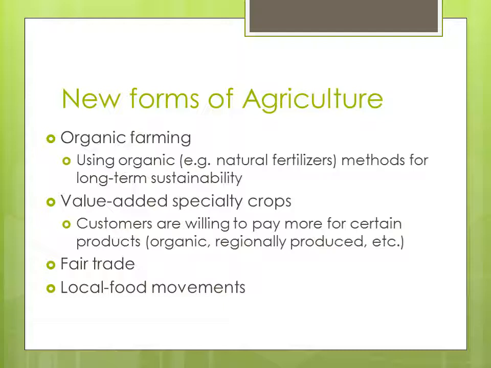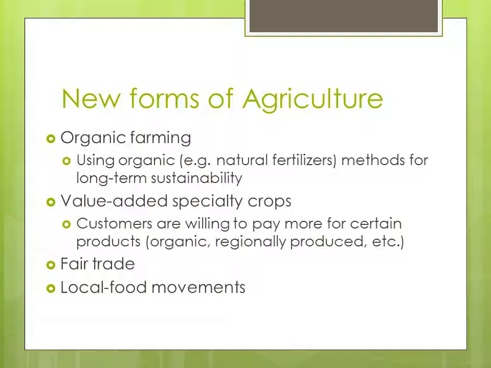What is known as value-added specialty crops, the concept that more and more customers are willing to pay more for certain products. Okay, they know what they're getting into and they're willing to pay more. So we're starting to see a shift from the consumer side as well. And when consumers change, we're starting to see more and more producers make changes as well.